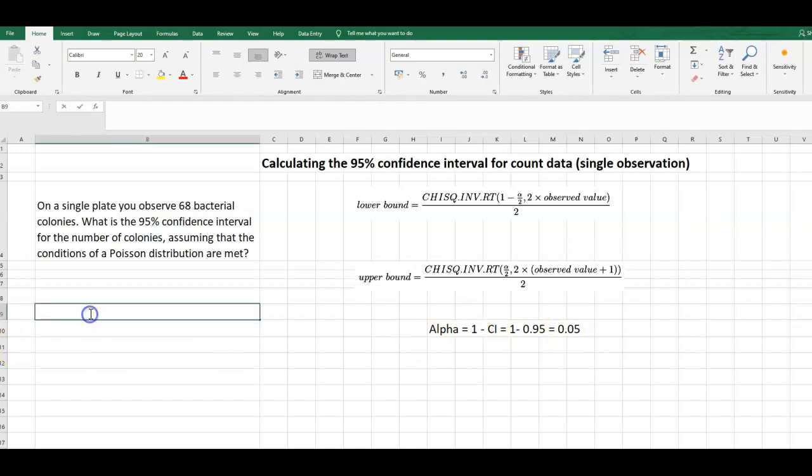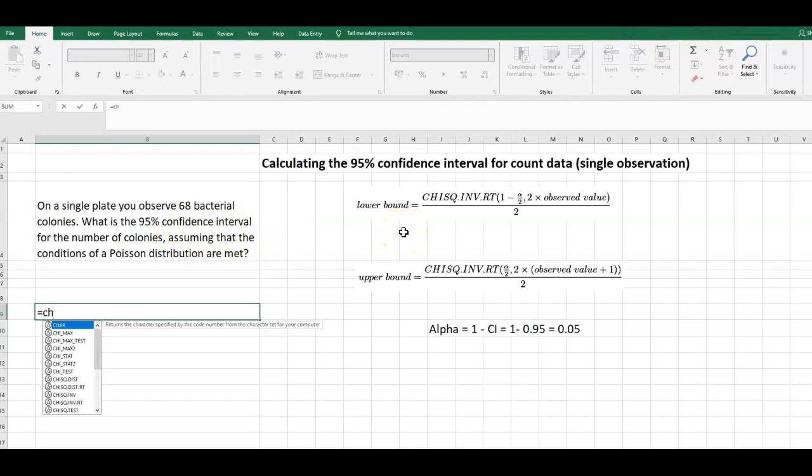So let's calculate the lower bound for this confidence interval. Equals CHISQ, and as we type, you see Excel comes up with some suggestions.